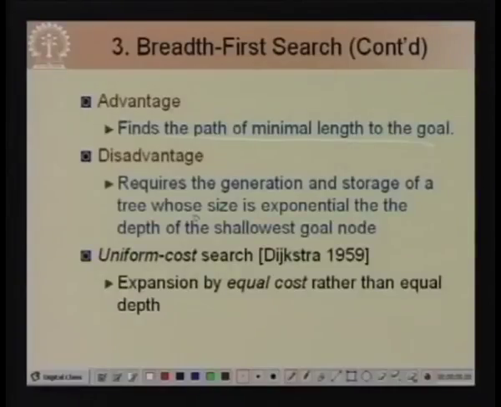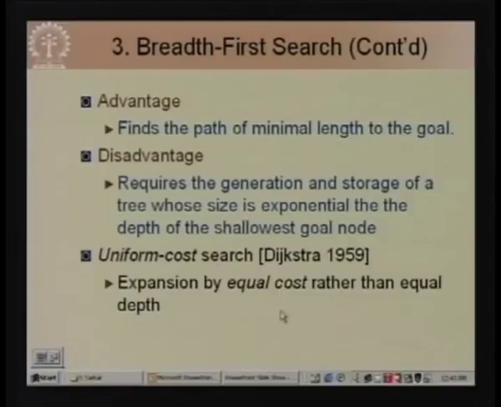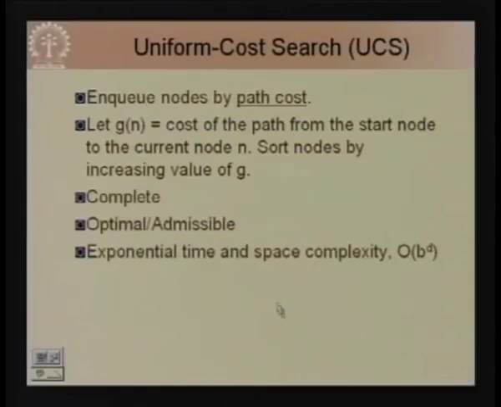So, it requires exponential space to store the fringe and it also requires exponential time. In the next class, we will look at uniform cost search, which is optimal in terms of giving the lowest cost solution. But today let us look at the other search strategies.